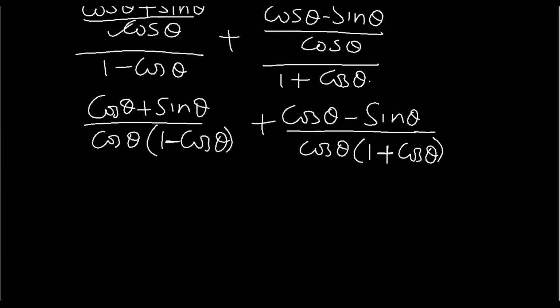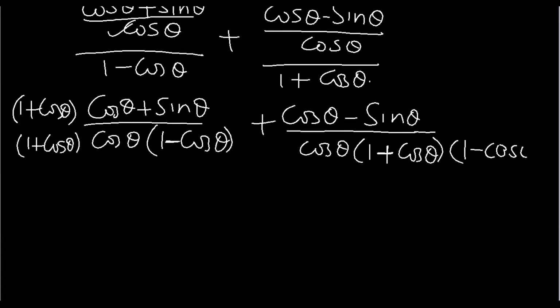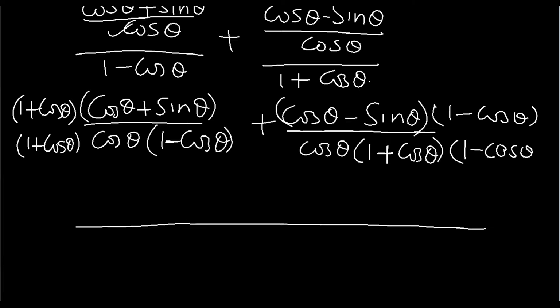So let's make them the same by multiplying here 1 plus cos theta. Here also 1 plus cos theta. Similarly, we'll multiply here 1 minus cos theta. And this whole thing will multiply with 1 minus cos theta. And this also is the whole thing. Now, both of them will have the same denominator, in which cos theta is common.